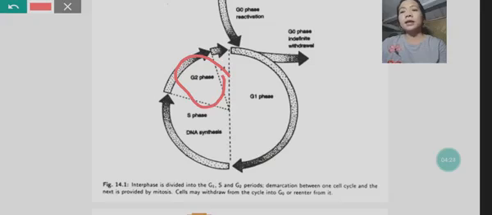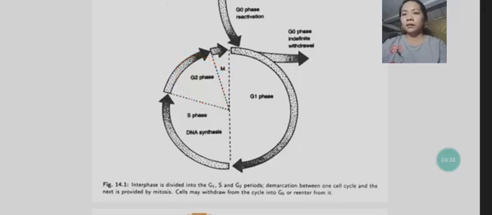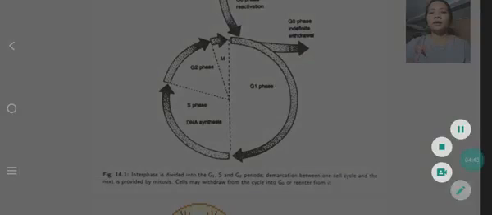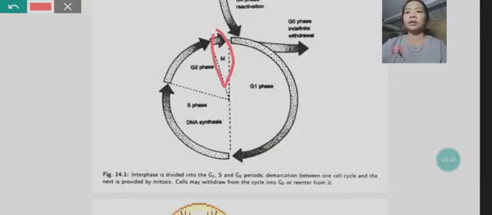This is the phase between the end of the DNA synthesis and the beginning of the prophase. And that's where mitosis begins, after the G2 phase.